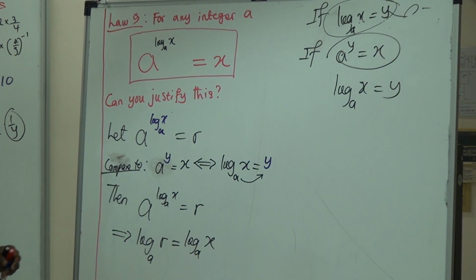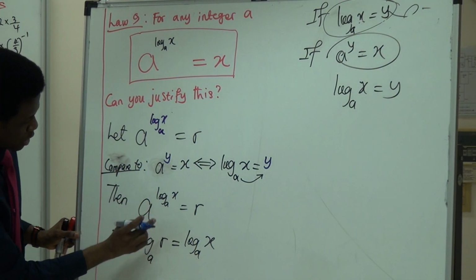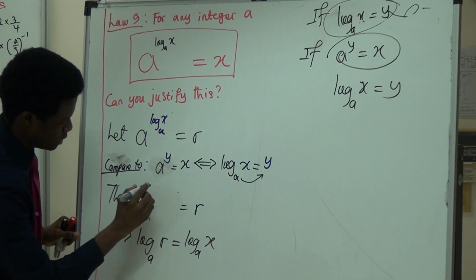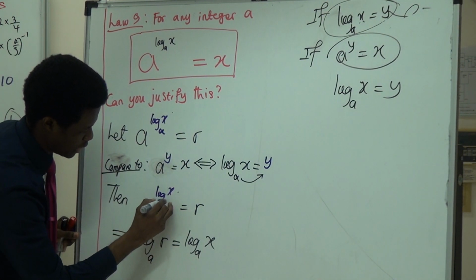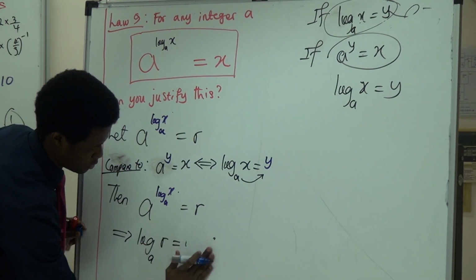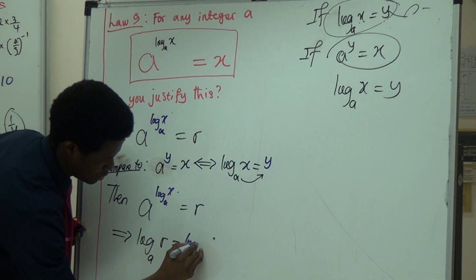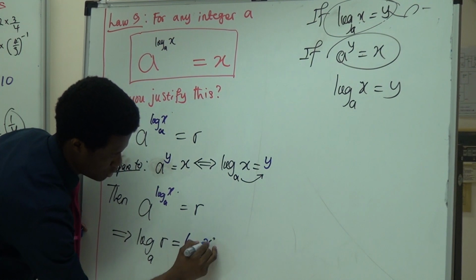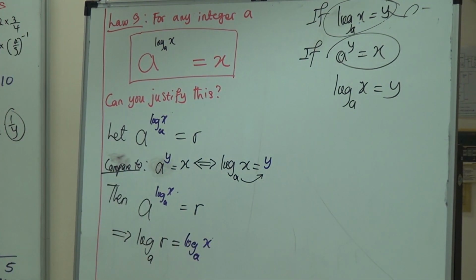Okay? So from here, my power log x base a, where does the power go? It goes to the other side. It comes here. Can you see that? Yes. So we have solved the equation today. We established that if the logarithms of two numbers to the same base are equal, then the two numbers must be the same, right?